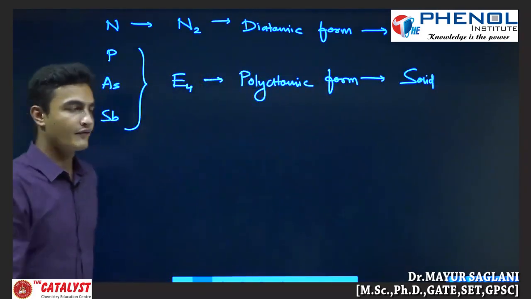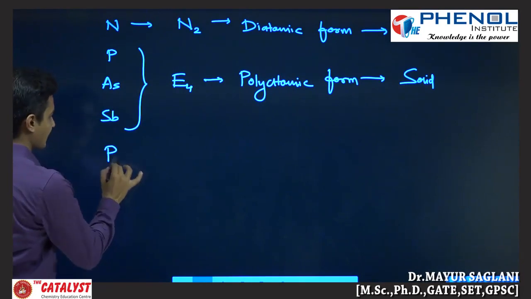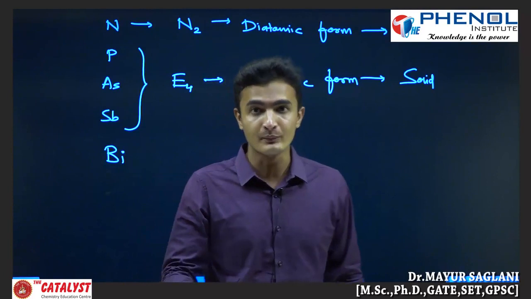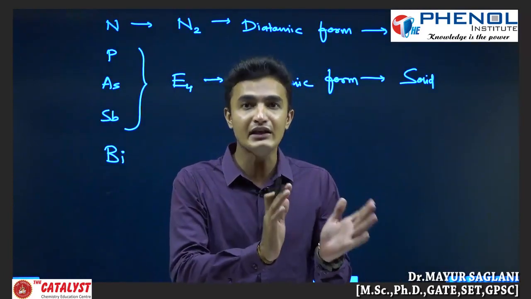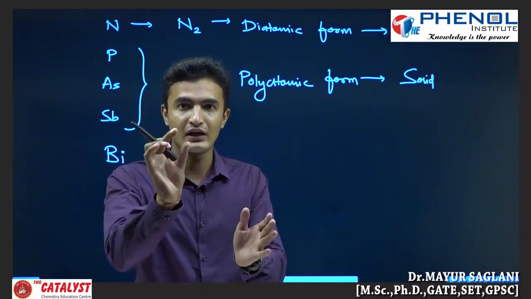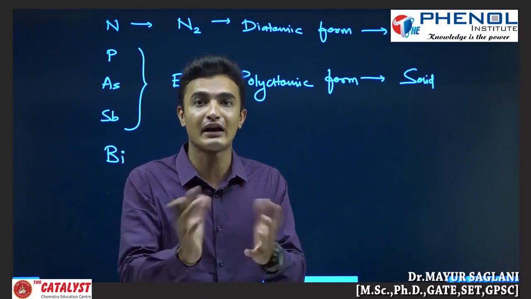Are we clear? Why have we not considered bismuth here? Because bismuth is a metal, and have you ever heard of sodium as Na2, or potassium as K2? No, they exist as individual atoms. Sodium exists as a single Na atom, not in forms like Na2, Na4, Na6.